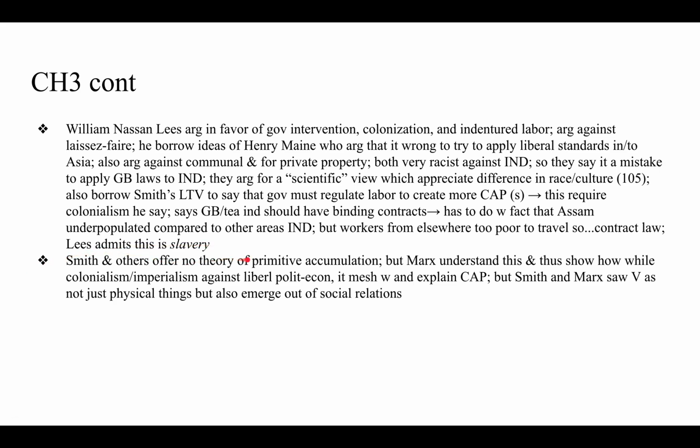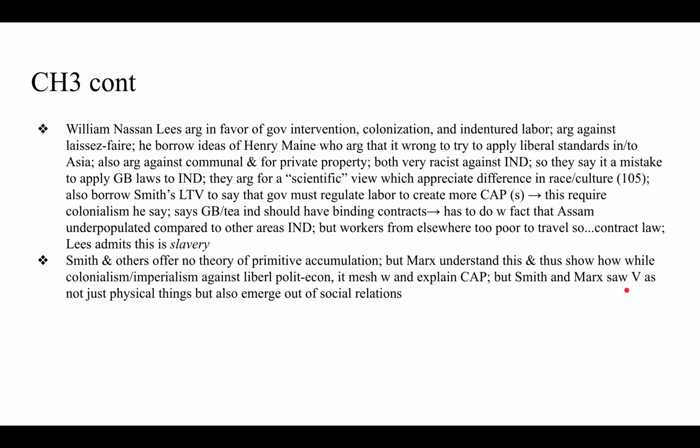Adam Smith and others, of course, offered no theory of primitive accumulation, and this is what we've been talking about especially in this class, but Marx did, and he showed how, while colonialism and imperialism went against, in theory, ideas of liberal political economy, they actually meshed with and explained the origins of capitalism.